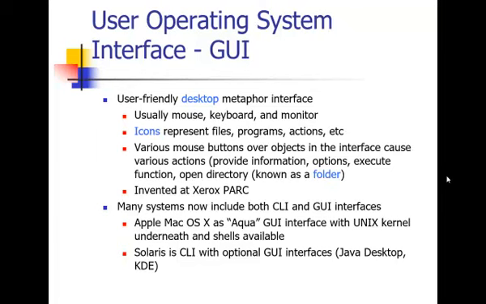In Windows we have a desktop as the graphical user interface. In Linux we have various different types of graphical user interfaces. We'll see later on the different types provided by Linux.